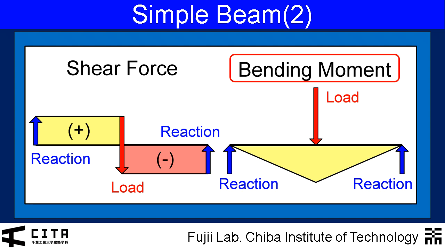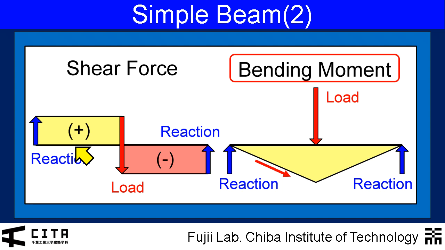Next, let's look at the bending moment diagram on the right. In this case, the lower side of the entire beam is in tension, so the bending moment diagram is drawn on the bottom side of the beam. The bending moment is zero at both ends, and it reaches its maximum value at the point where the external load is applied.